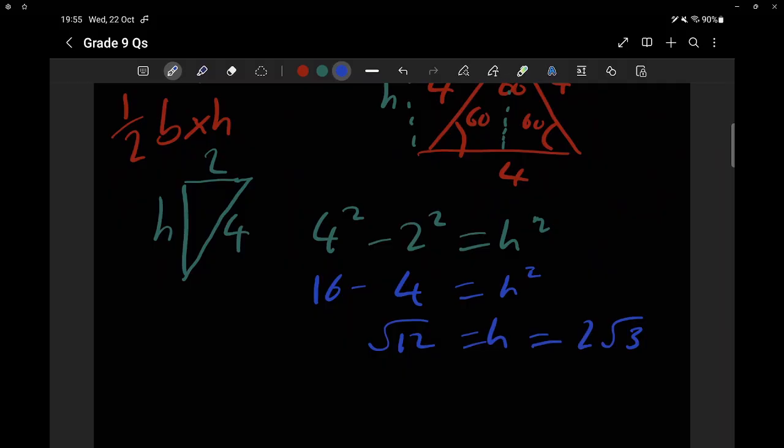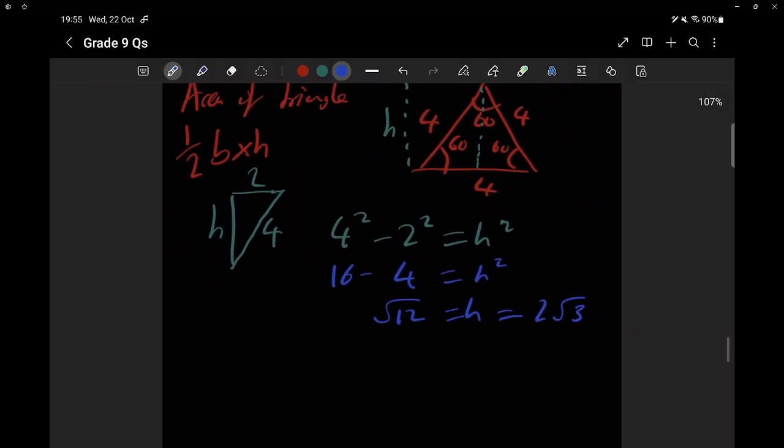So now we have our height, and we can find the area. So half times 4 times 2 root 3 is going to be 4 root 3. Okay, so 4 times 2 is 8, half of 8 is 4, so 4 root 3 centimeters squared is the area of our triangle.